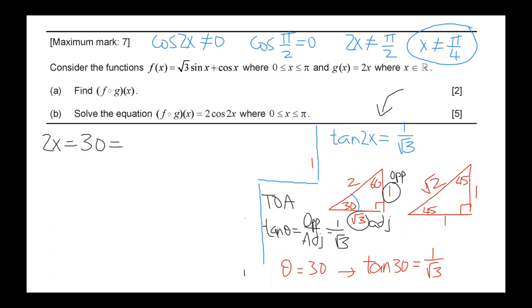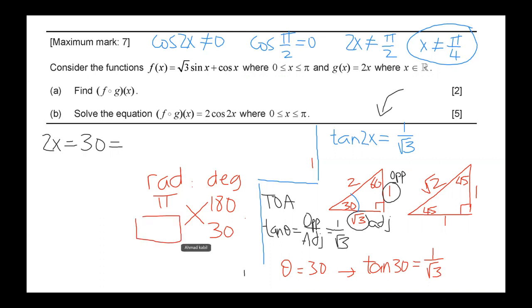Now, how do we convert degrees into radians? We either memorize the formula, which I do not prefer, or we just use a ratio. So we know that pi radians are equivalent to 180 degrees. So 30 degrees would be equivalent to something in radians, and that something by cross multiplying would be 30 pi over 180, or in a simplified way, pi over 6.